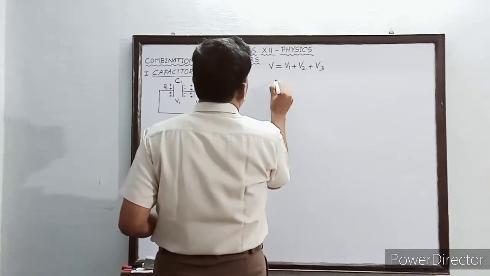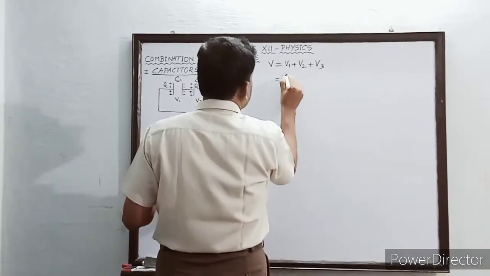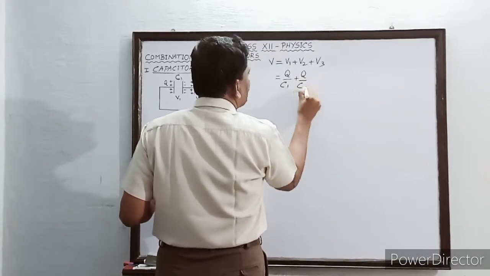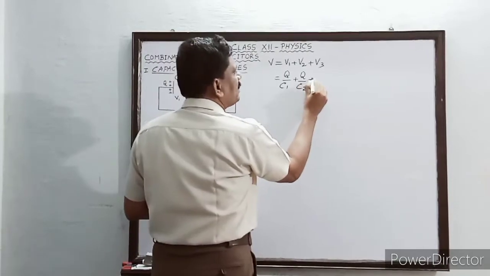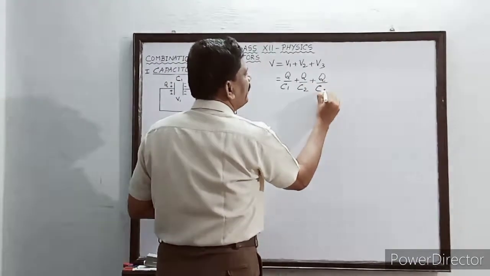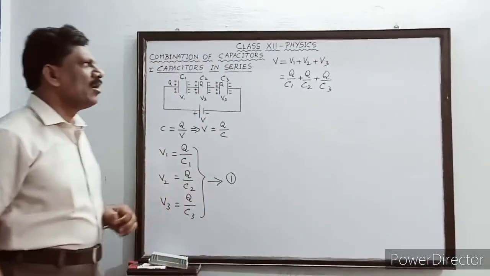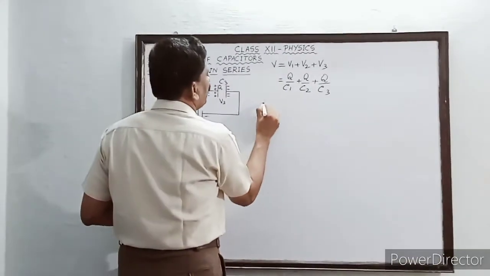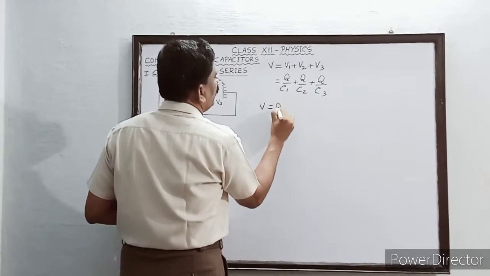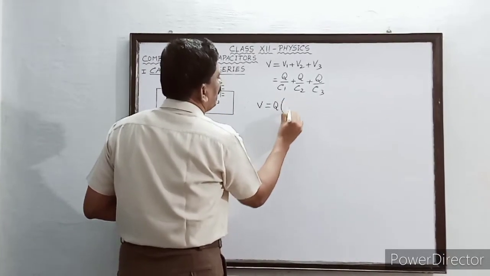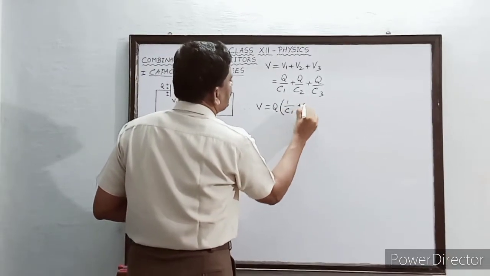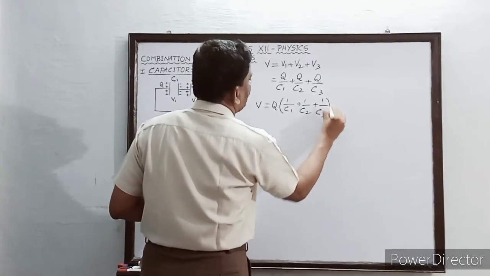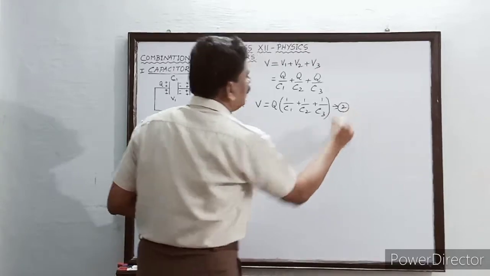So this is now equal to Q by C1 plus Q by C2, and the third term is Q by C3. The common factor in all the terms is Q. Therefore, V is equal to Q into 1 by C1 plus 1 by C2 plus 1 by C3, and this is taken to be equation 2.